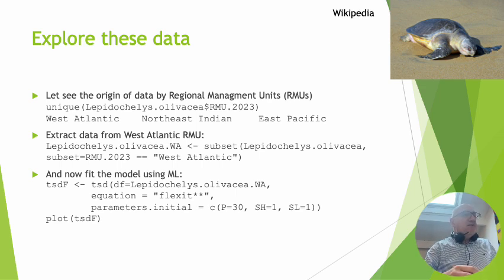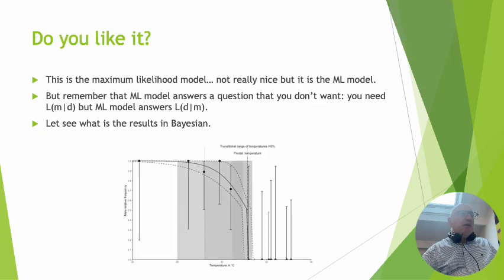Then we can plot this model. Here you see the results of this data fitted using maximum likelihood. You see the data looks weird. There is a smooth transition from all males to a sex ratio of 0.5, and then an abrupt change to 100% female.